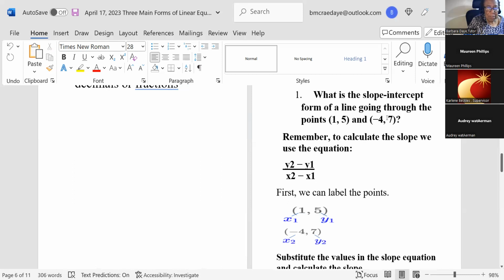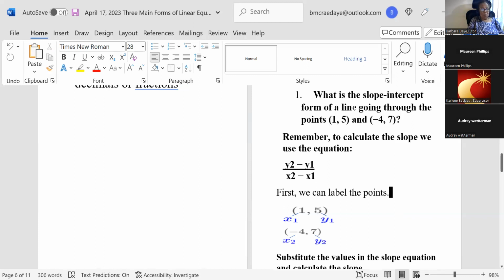My second point, -4 is my x2 and 7 is my y2. Like I say, you could call -4 and 7 your x1, y1, and 1 and 5 your x2, y2. It's just that they're never mixed.